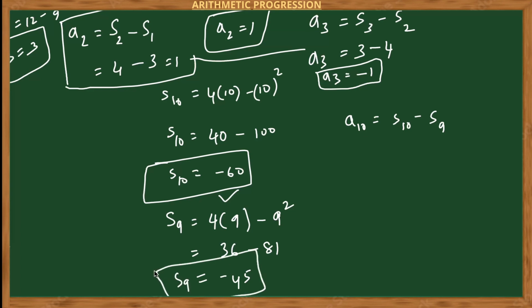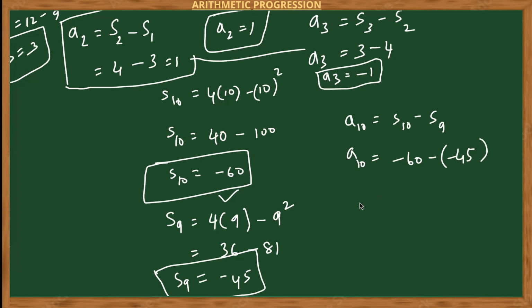Okay, so can we find the a10 now, the 10th term? Yes, we can. So a10 is equal to S10, which is minus 60, minus S9, which is minus 45.